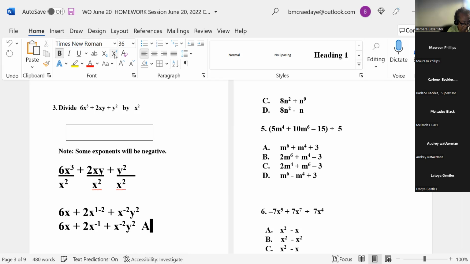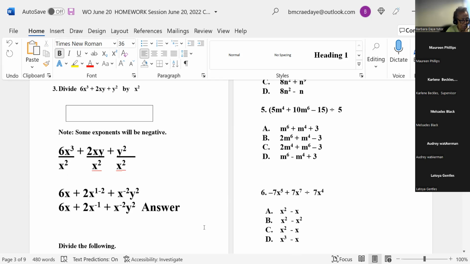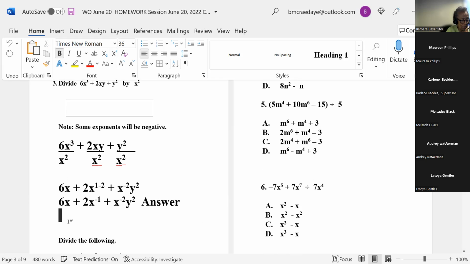The middle one is a big trick. You have to remember how to do that part. You remember I gave you some exponent rules for when it's negative. I'm going to review it again.